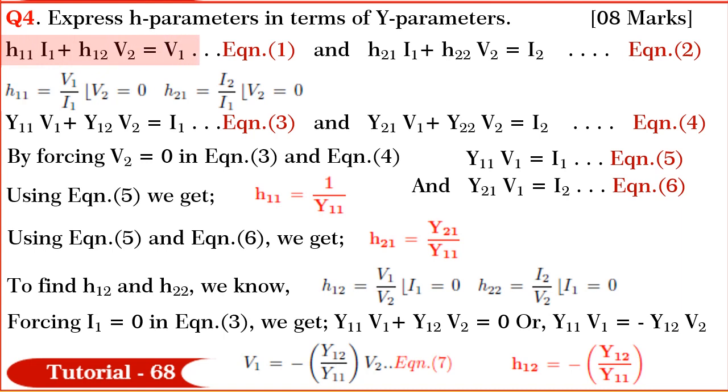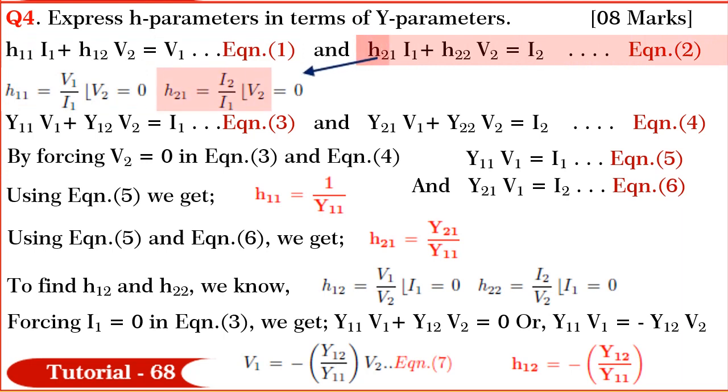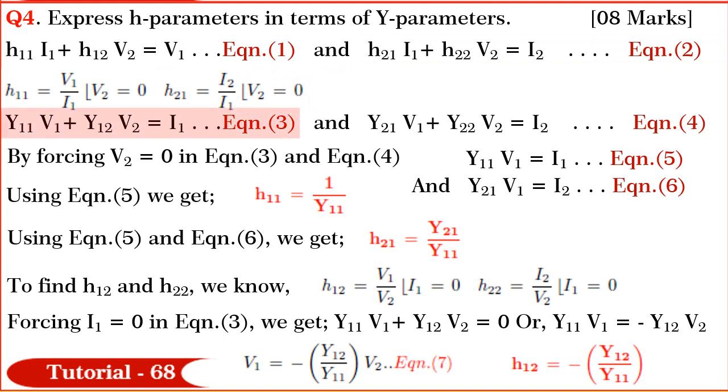From H parameter equations, we know that H11 is equal to V1 divided by I1 when V2 is equal to 0 and H21 is equal to I2 divided by I1 when V2 is equal to 0. We also know Y11 V1 plus Y12 V2 is equal to I1 and Y21 V1 plus Y22 V2 is equal to I2.